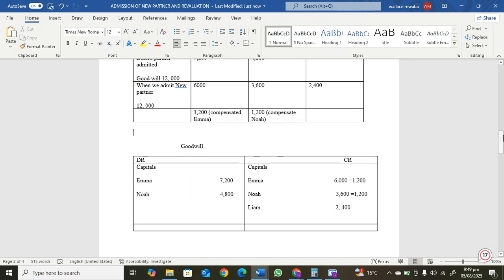So that's the first part, the goodwill account. Once you do these entries, it is now closed. 12,000 debit side, 12,000 credit side. So any other questions before we now go to the revaluation account?